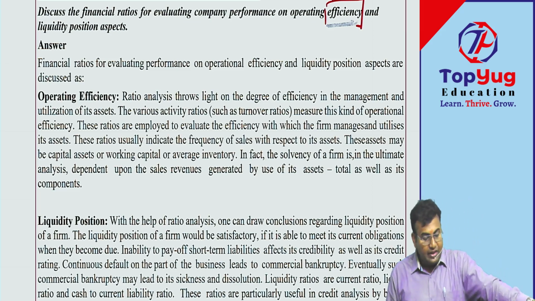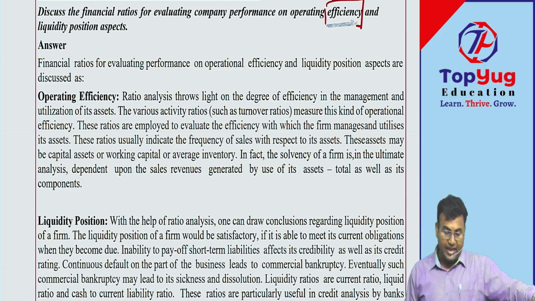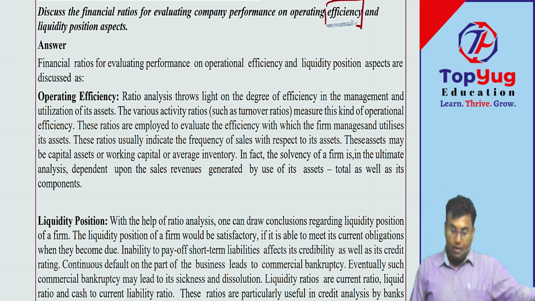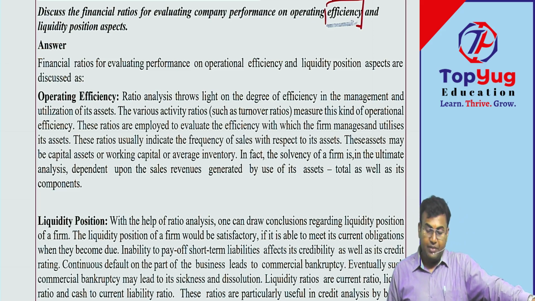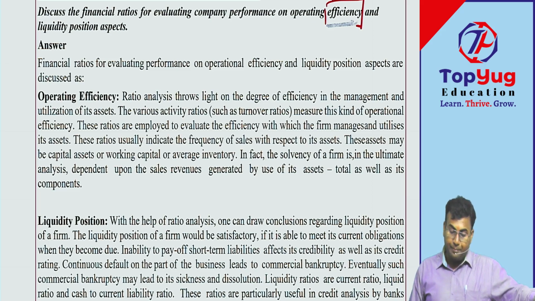Let's understand. Financial ratios for evaluating performance on operational efficiency and liquidity position aspects are discussed as follows. Operating efficiency ratio analysis throws light on the degree of efficiency in the management and utilization of its assets. The various activity ratios such as turnover ratios measure this kind of operational efficiency. The ratios are employed to evaluate the efficiency with which the firm manages and utilizes its assets.